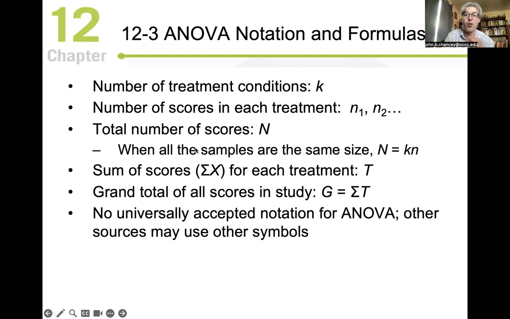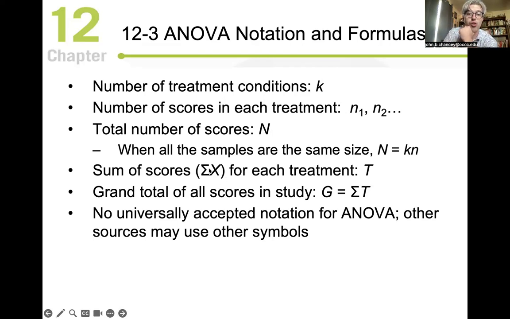You add all those up, that's going to be uppercase N. So if we had 20 in each condition, three conditions, multiply that, we get 60. When all the samples are the same size, N equals K times n. So if we have three conditions and 20 participants in each, we just multiply that if they're the same size.